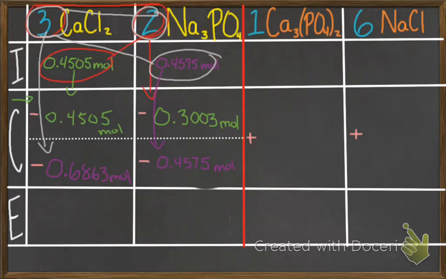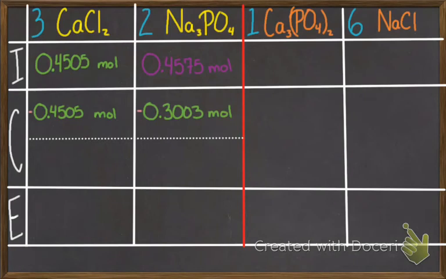At this point, visually, this is kind of chaotic. So let's take a look at the calcium chloride line individually, and then the sodium phosphate line individually. Same as we did in the other video, we're just going to take our values and subtract and get our answer.